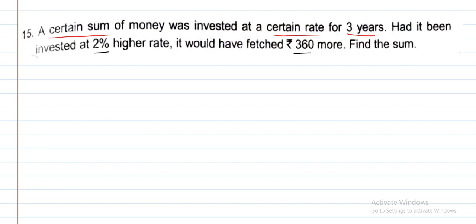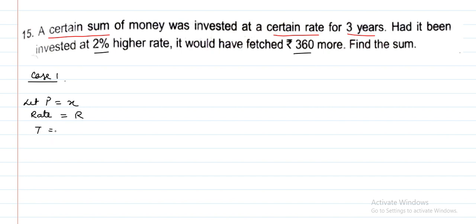So how can we do this? Very simple. First we will take case 1 and then we will take case 2. So we will write here case 1. In case 1 we will write that let the principal be x and the rate be r.